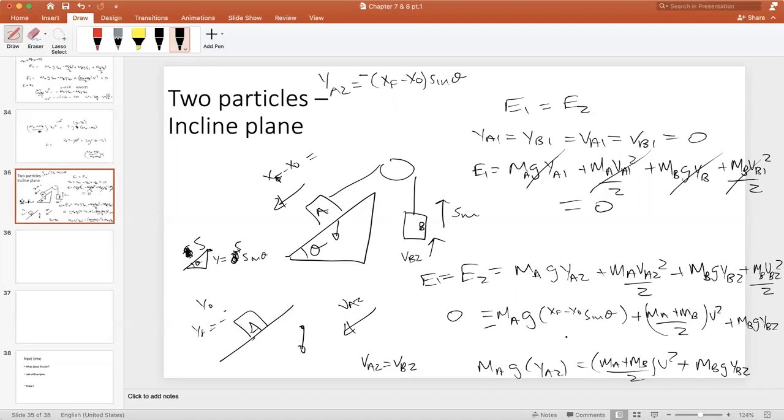But we can see from this exactly what is physically happening. This potential energy is the work done by gravity in the Y direction on A. Now remember, the force of gravity is down. So the displacement of A down, which is x final minus x initial times sine theta, that is the work that gravity does on A. That amount of energy has to be equal, if everything's conserved, and initially everything was 0.